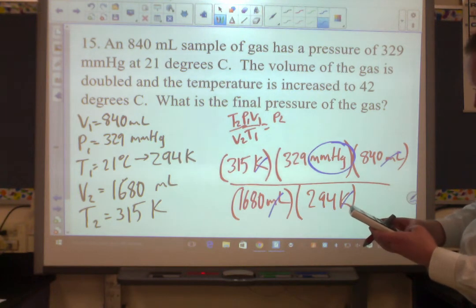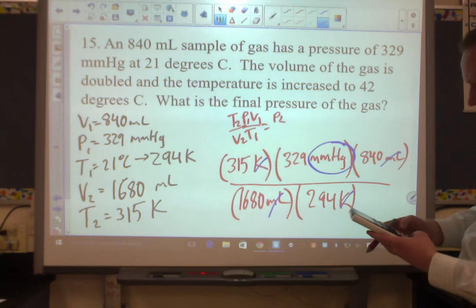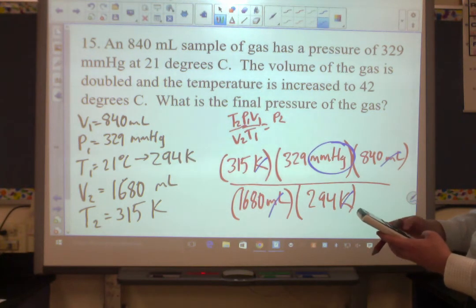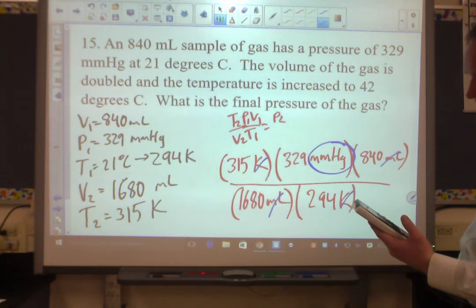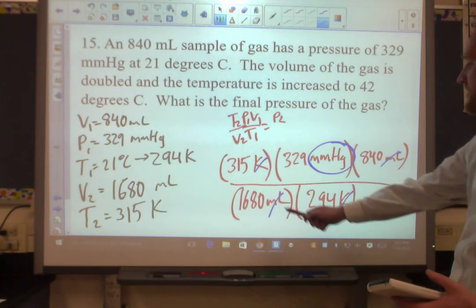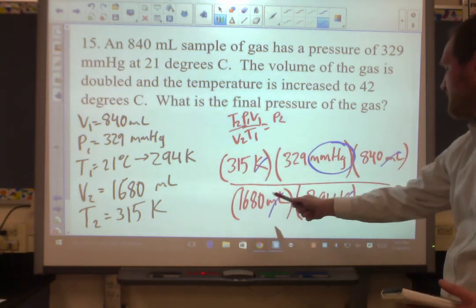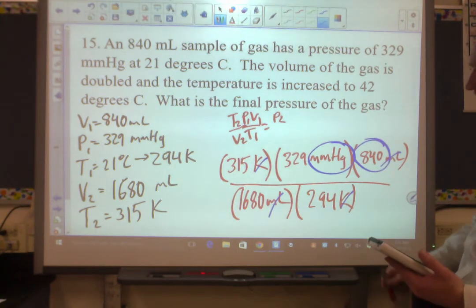315 times 329 equals, times 840 equals, divided by 1680 equals, divided by 294 equals 176.25. Now in terms of sig figs, I'm seeing 3, 3, 2, 3, 3, 2 sig figs. That's my limiting. So I'm going to go with 180.